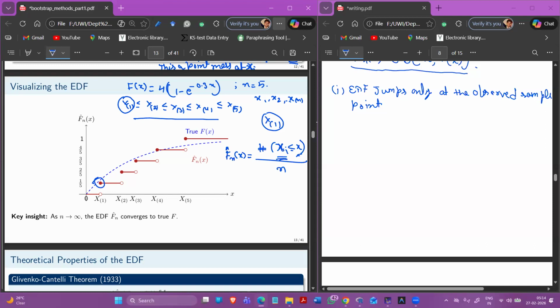Okay. Second thing is that here order statistics determine the step location.